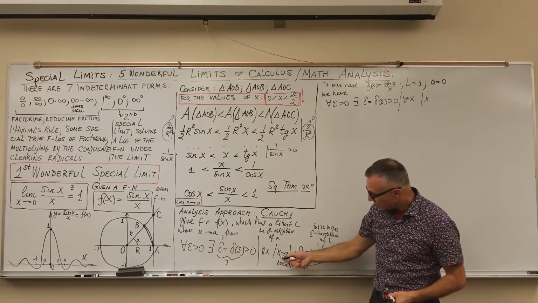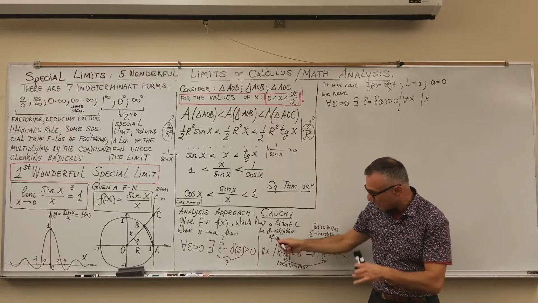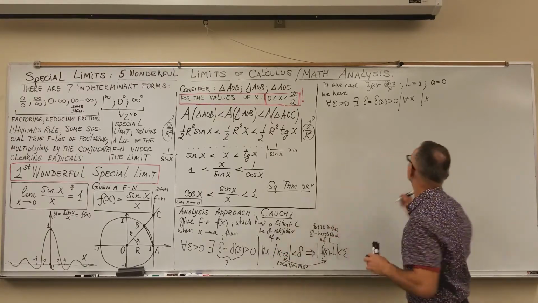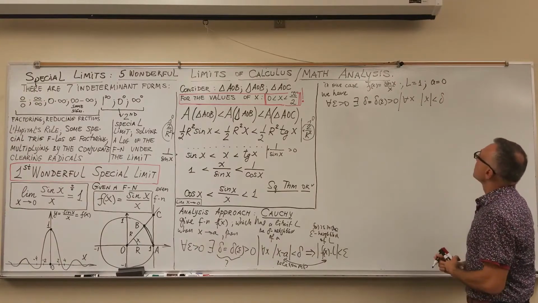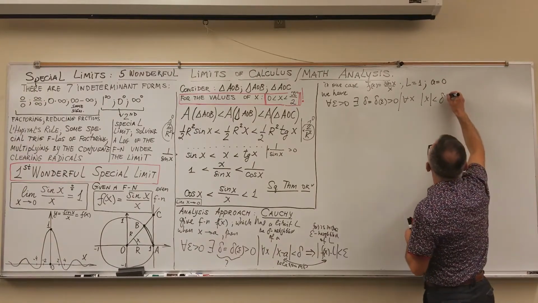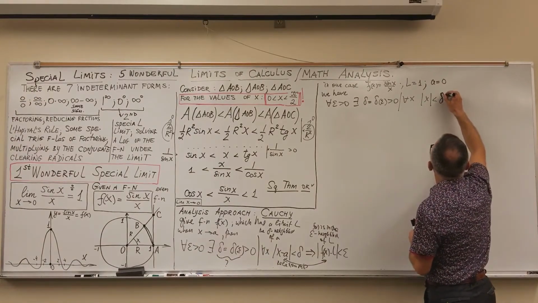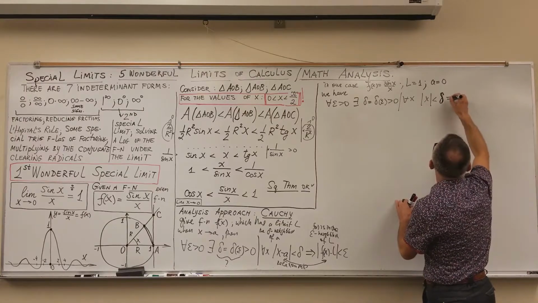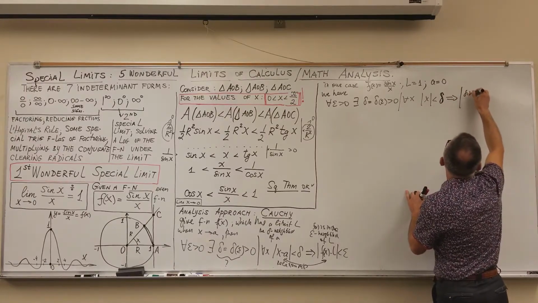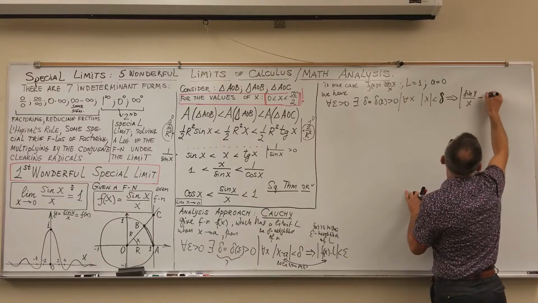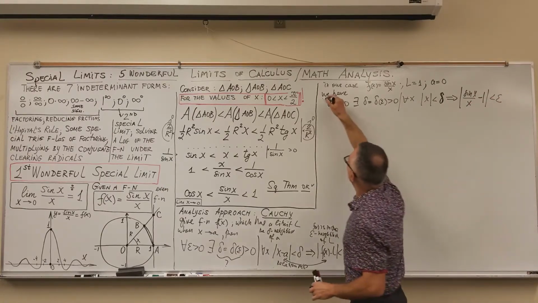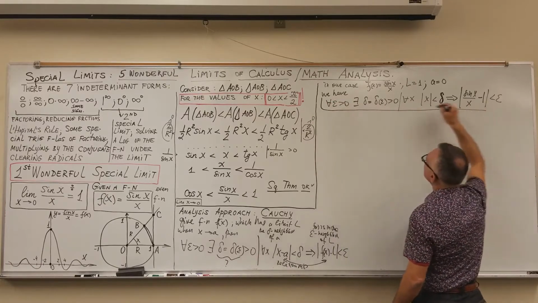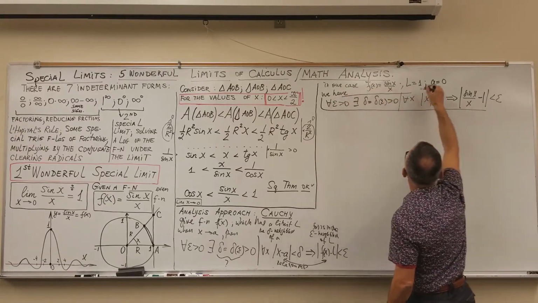A is 0, so x minus 0 is just x. So when the absolute value of x is less than delta, it exactly implies that the absolute value of sine x over x minus 1 is less than epsilon. This is what I need to prove.